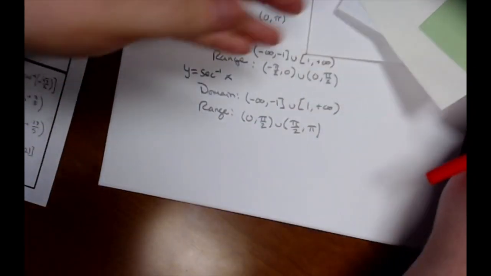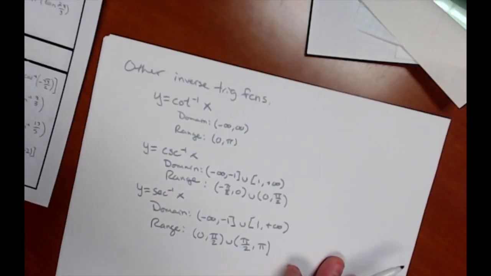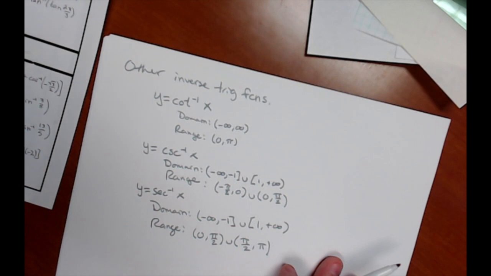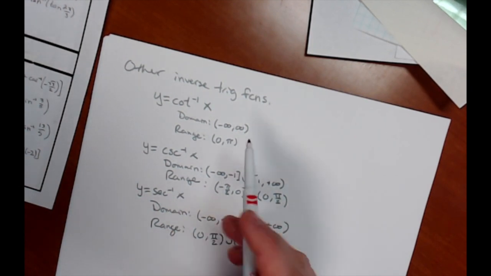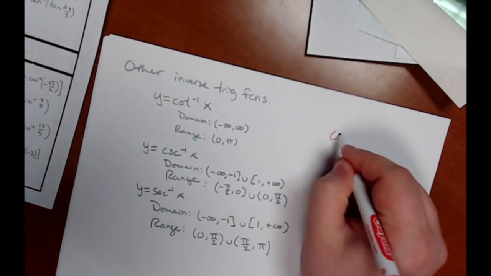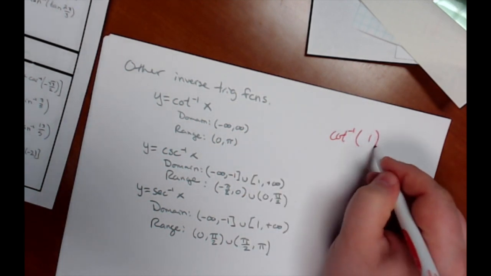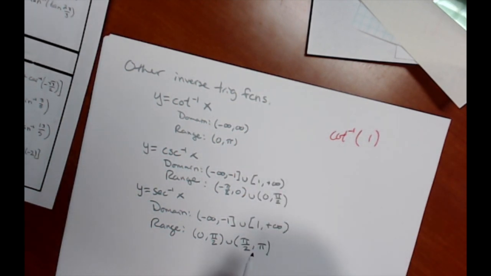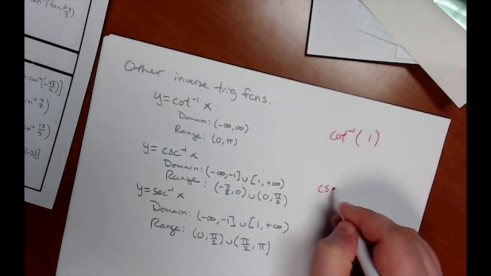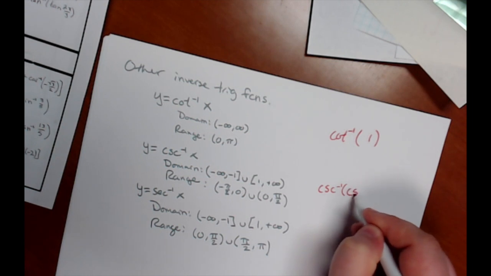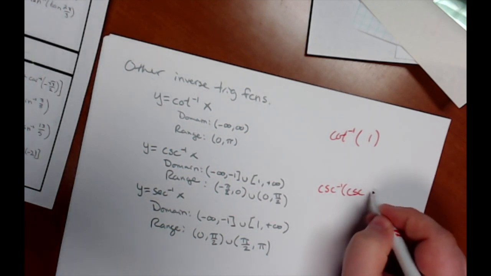But how do we work with them? Well, we can do something like arc cotangent of 1, and we can find its value. And we can do that with any of these. We also know that we can do, say, cosecant inverse of cosecant of pi over 4.